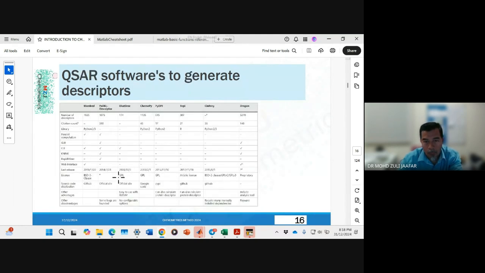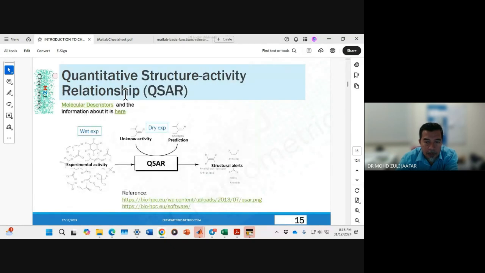Okay. Now, what are the software to generate descriptors? What is molecular descriptors? Molecular descriptors is the information that you can gather from molecular structure. For example, methane has 1 carbon and 4 hydrogen.